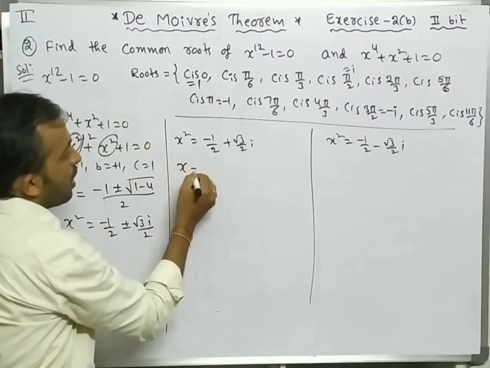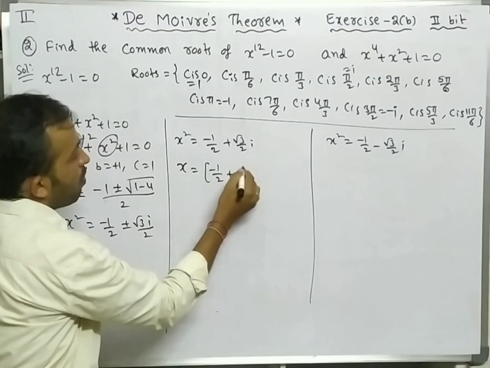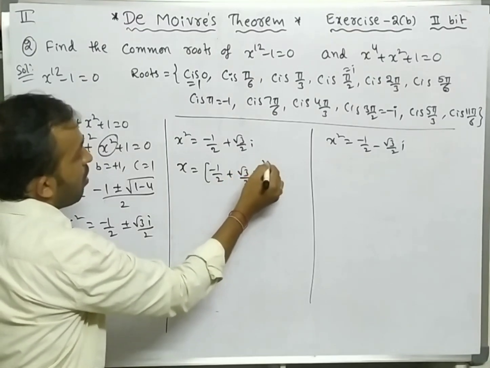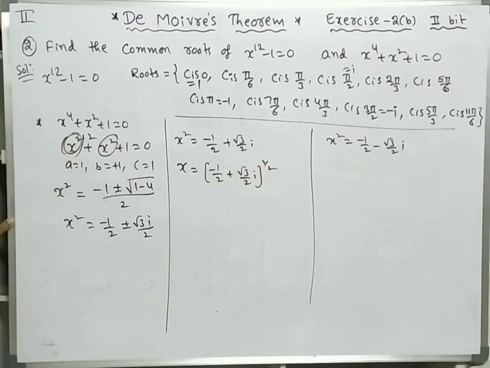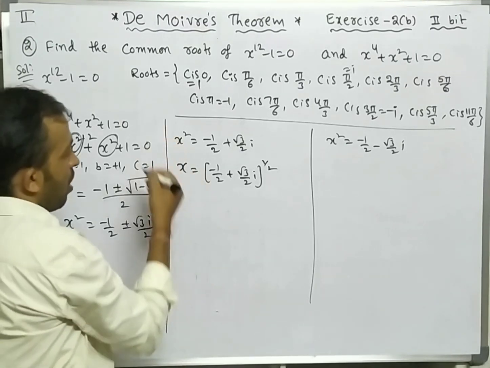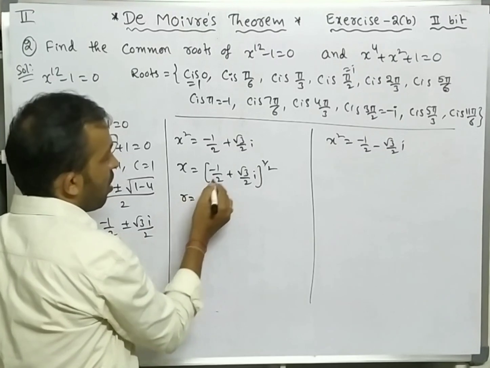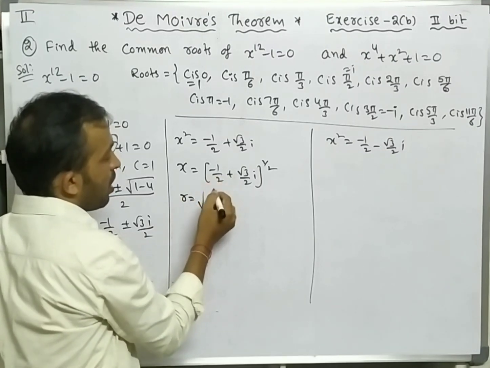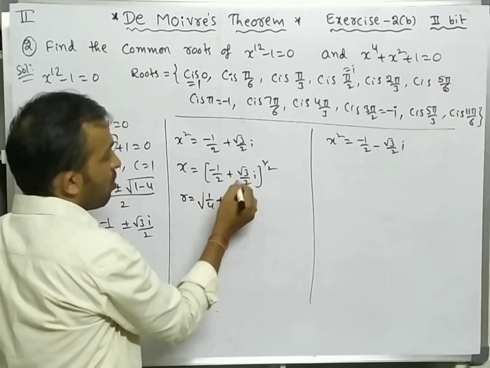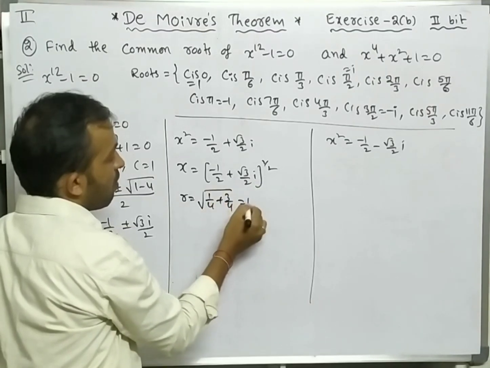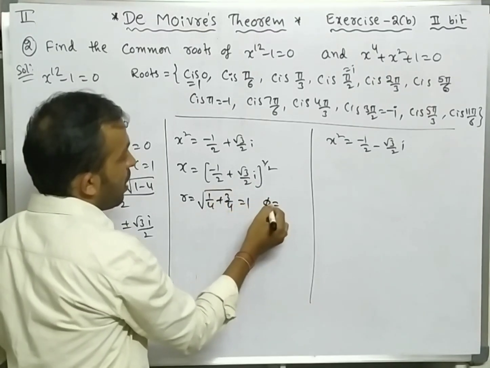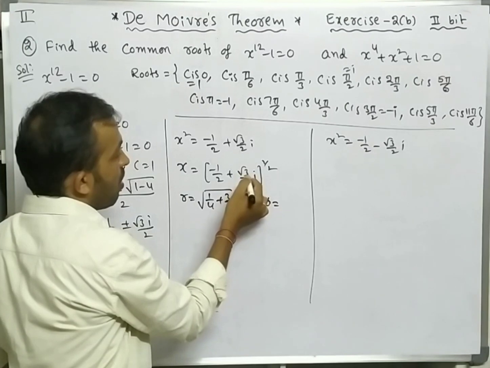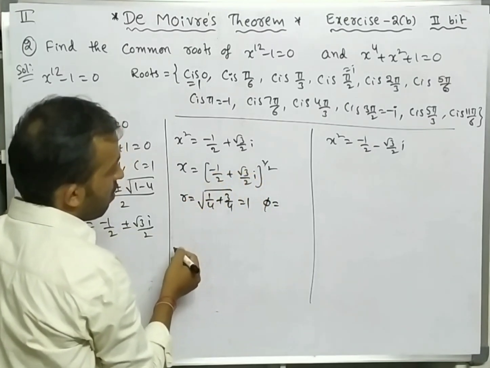It can be written as x equals (minus 1/2 plus (root 3/2) i) to the power 1/2, which means the square root. You can use the square root formula, or use modulus r, which is the square root of (minus 1/2) squared, 1/4, plus (root 3/2) squared, 3/4, that is 1, and theta is tan inverse of (root 3/2) divided by (minus 1/2).